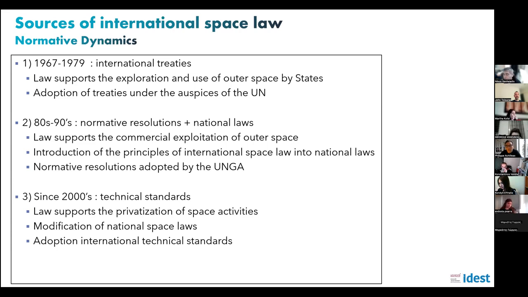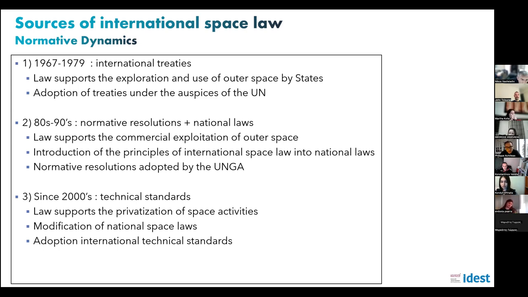So the main object of international space law during this period is to support the exploration and the use of outer space by states. And we call this period the golden age of space law because during these 12 years, the 5 main international treaties have been adopted.